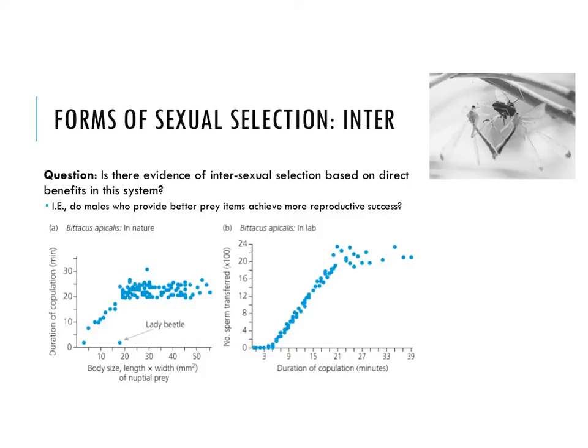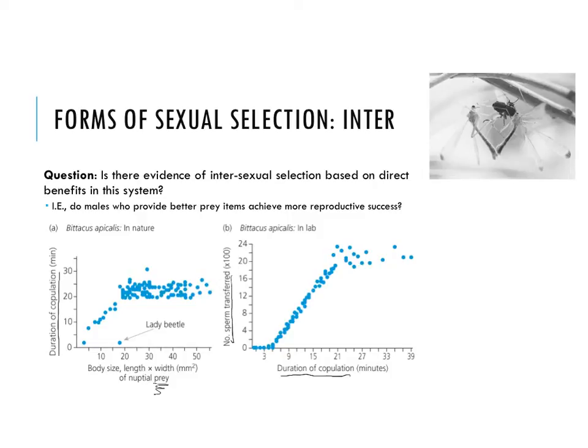All right, so here's two figures. The first one is body size of the prey and the duration of copulation. So how long is copulation, depending on the body of the prey. The second one is duration of copulation and number of sperm transferred.